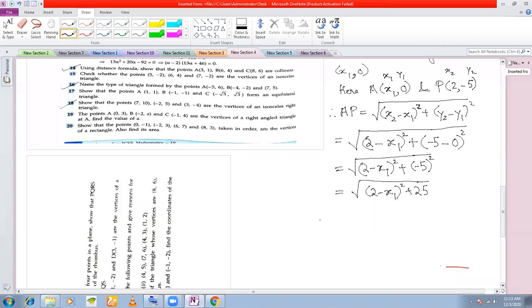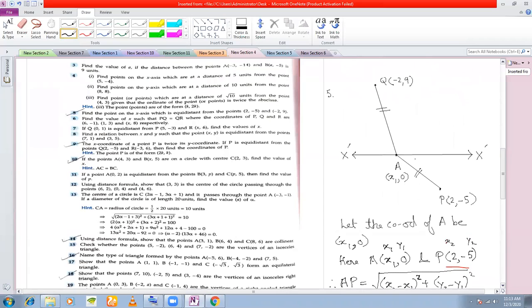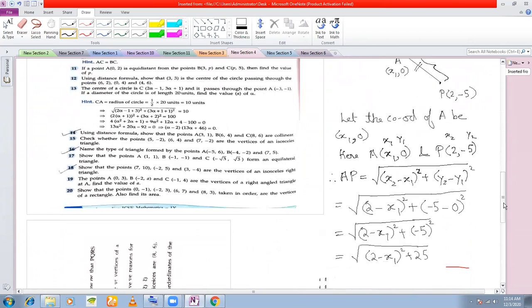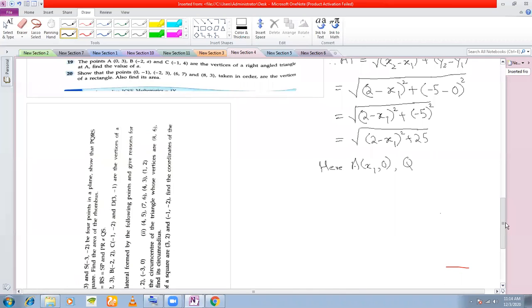Okay, now we have calculated this distance AP. Now we want to calculate this distance AQ. So let us write down the coordinates first. So here A is x1 0 and Q here is minus 2 9.